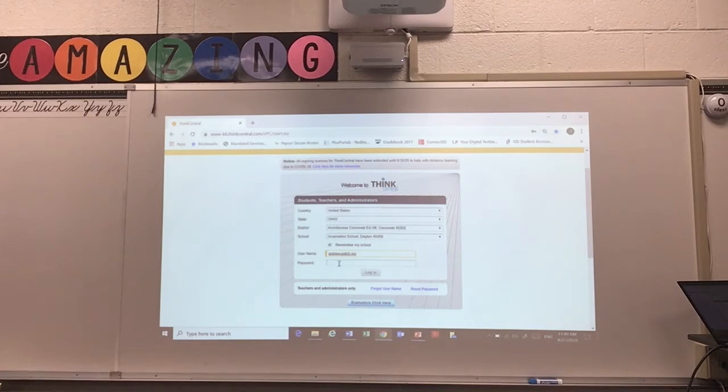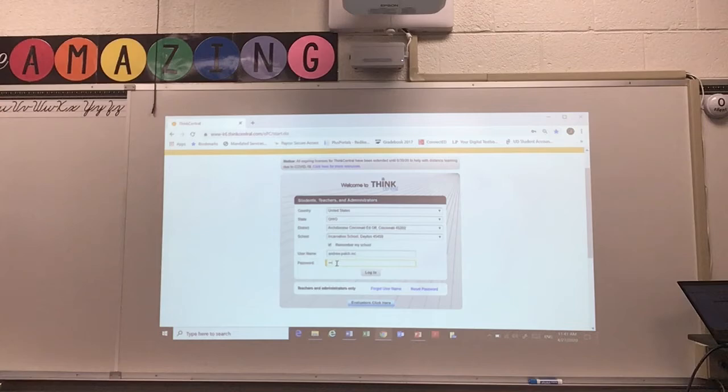Now your password is also a little bit different, okay? It's really important for this that you follow directions. You're going to think about what your first name is. For my example, Andrew is A, so I'm going to put a capital A. Unfortunately, you can't see that. His last name is Patch, so I'm going to put a lowercase p. Then I'm going to put the hyphen, which is right up here next to the 0.